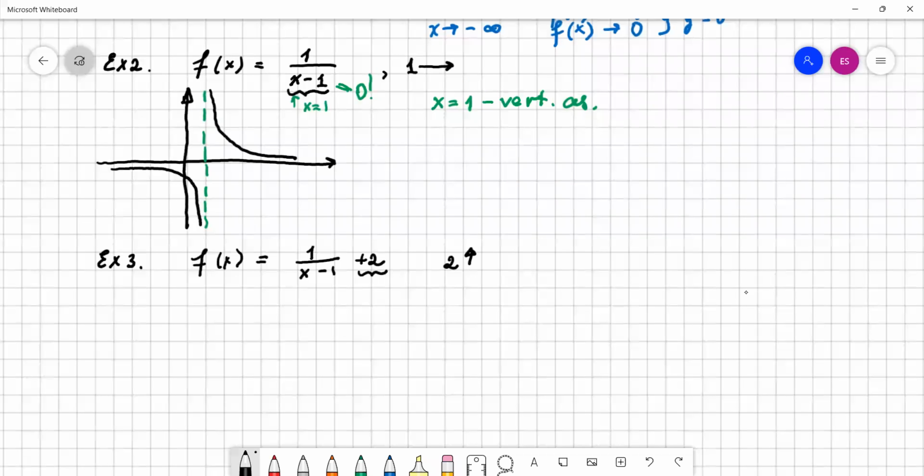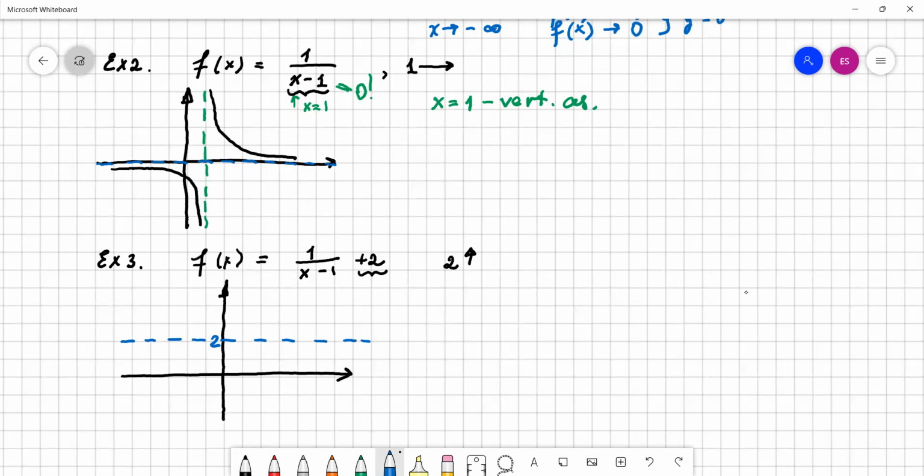And what we are going to shift vertically is going to be the horizontal asymptote. We're going to shift everything vertically up, but the horizontal asymptote, which sits over here, is going to be shifted 2 units up. So let me do the coordinate plane first. And then I'm going to graph my horizontal asymptote 2.